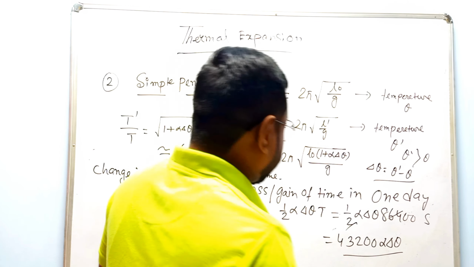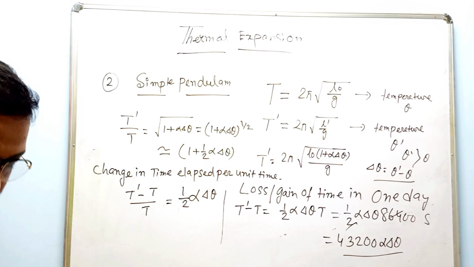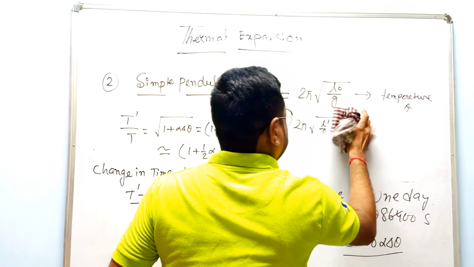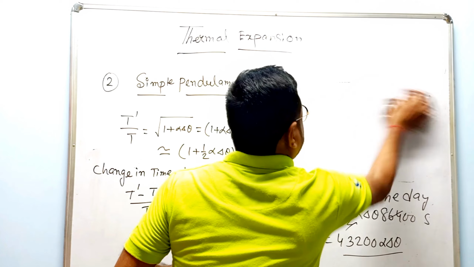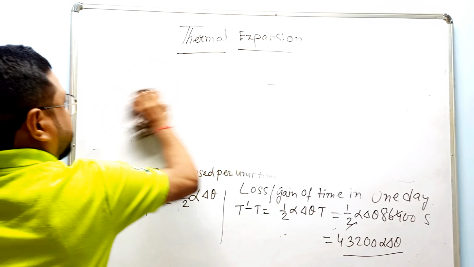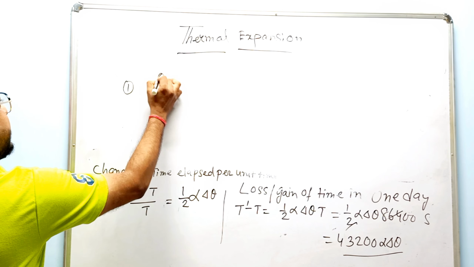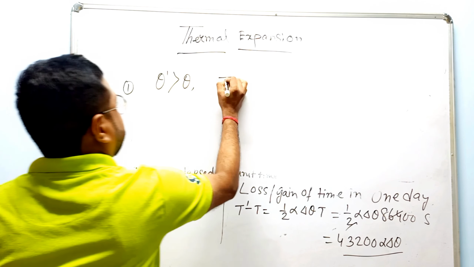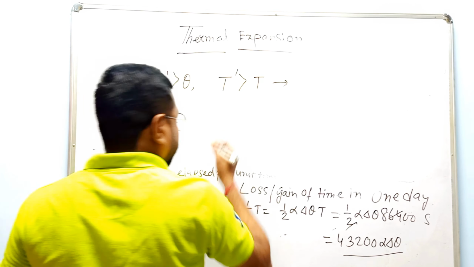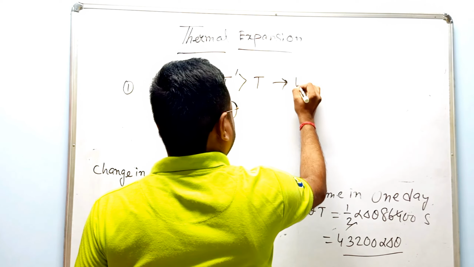Now there are three cases. When theta dash is greater than theta, then T dash is greater than T. When the time period is larger, the watch or pendulum will go slow.